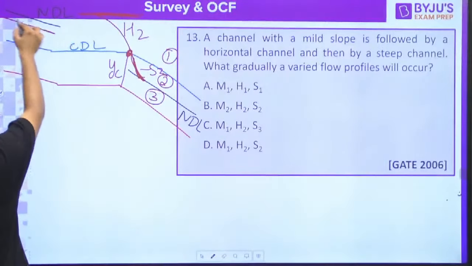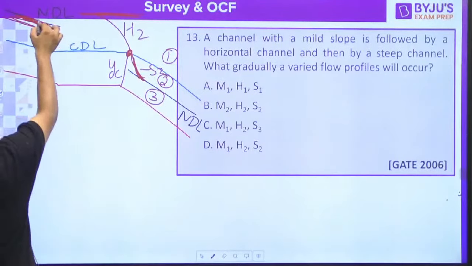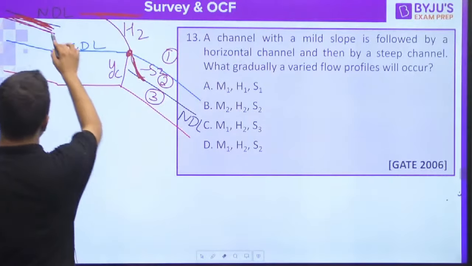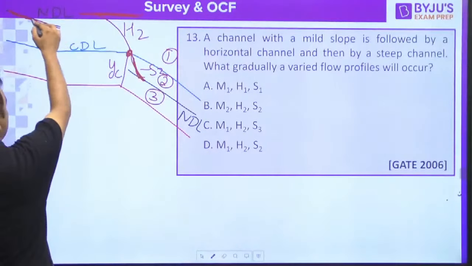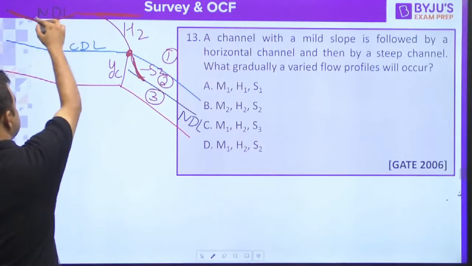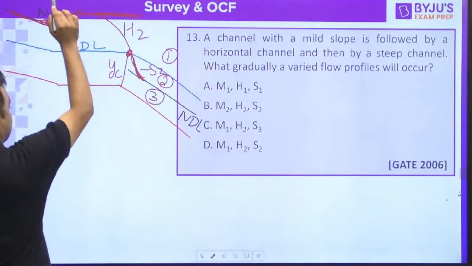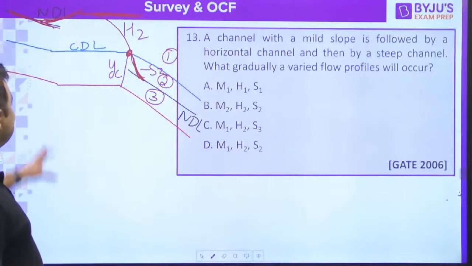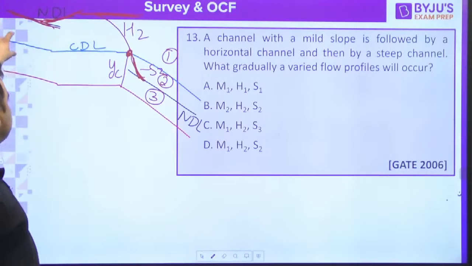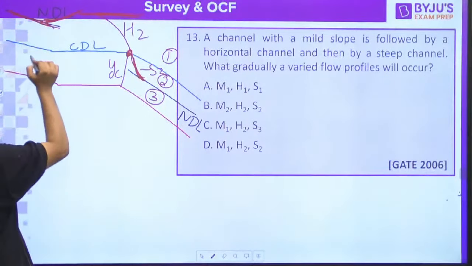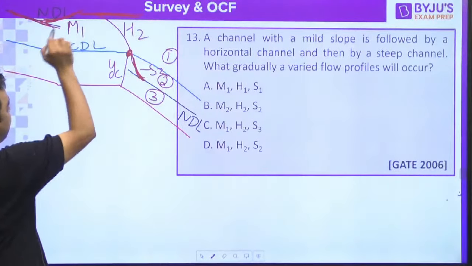So how will it approach NDL? See, the flow is at NDL, right? So it will move like this, and this is my flow in which region? The first region. This is first, second, third region. So it will be M1.